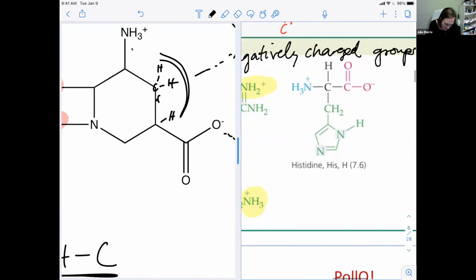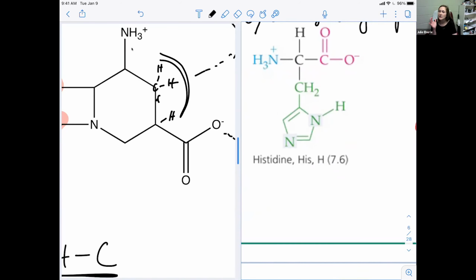Now, I know histamine, technically, the way you see it at physiological pH is not charged. So that's why when I'm looking at histamine right here, it is not charged. But just above physiological pH, so at pH 7.6 and above, histamine is charged. It will have another hydrogen plus charge.